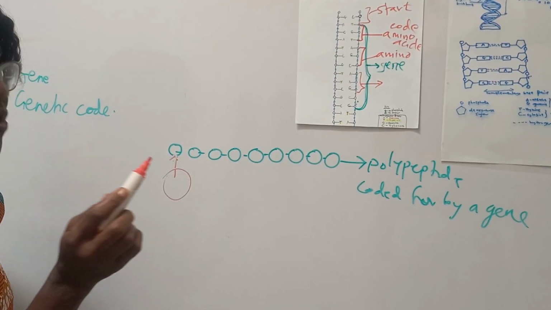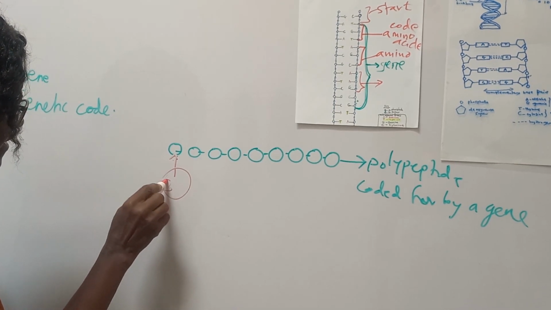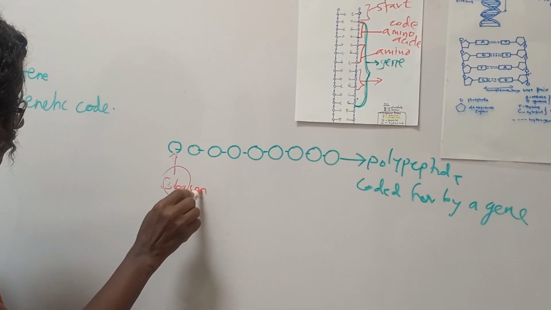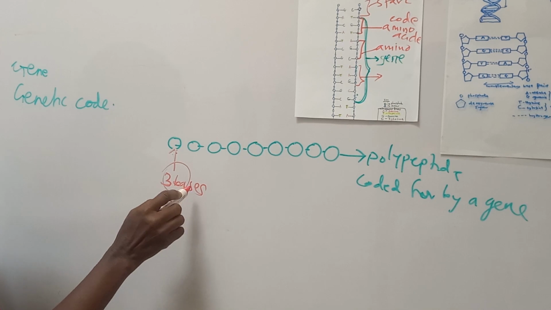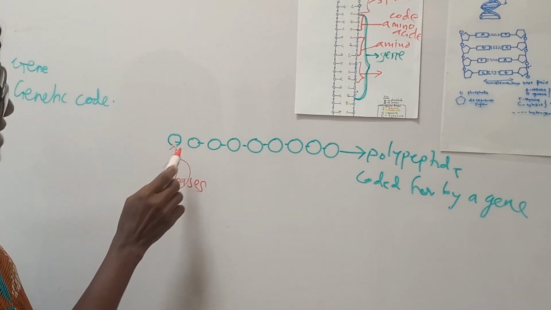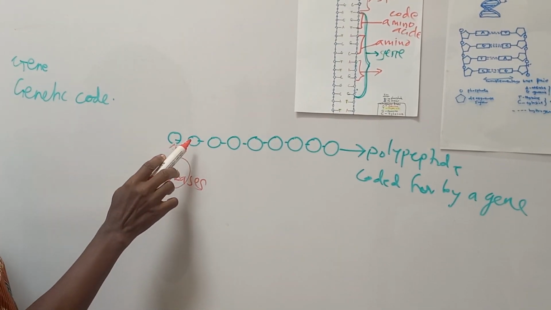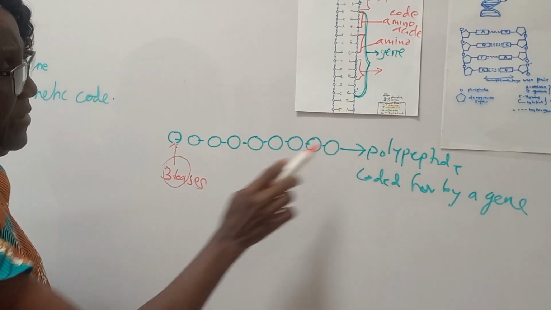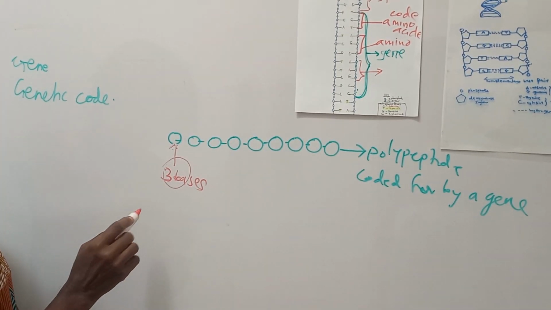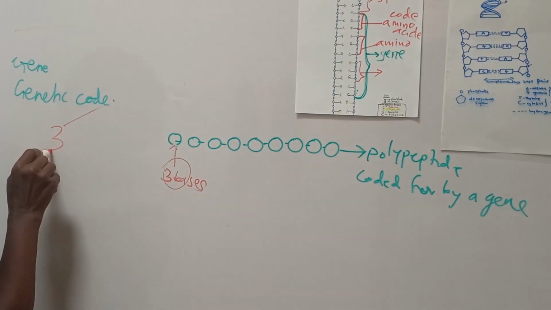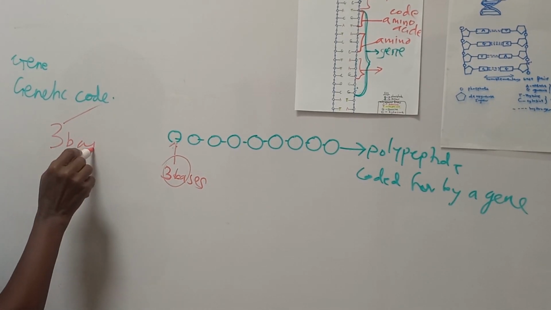And the genetic code is 3 bases. 3 nitrogenous bases determine the inclusion of an amino acid in a polypeptide.